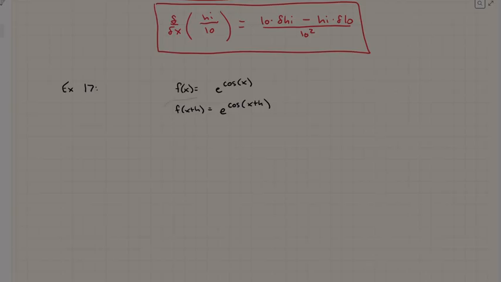I should also, before I jump into the problem, provide a hint with this one. So this hint would be given with the problem. Just as a hint then, cosine of x plus h is going to be basically equal to cosine of x minus h times sine of x.